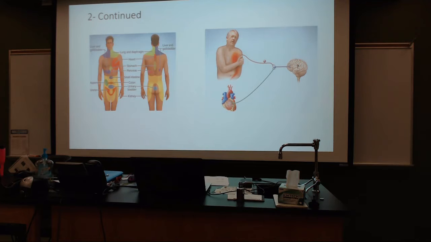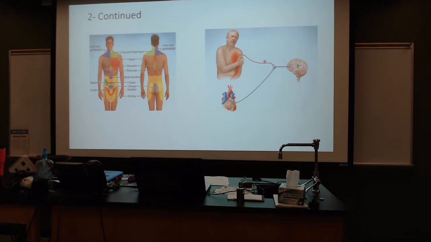The brain. And the other organs of our body have to be able to let us know when something is wrong. So what it does is it makes an area of our skin hurt to let us know that that organ is affected in some way.